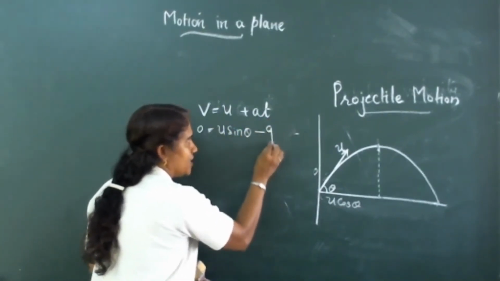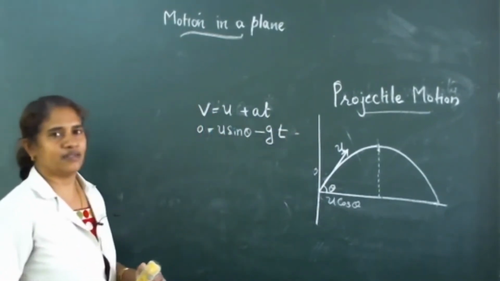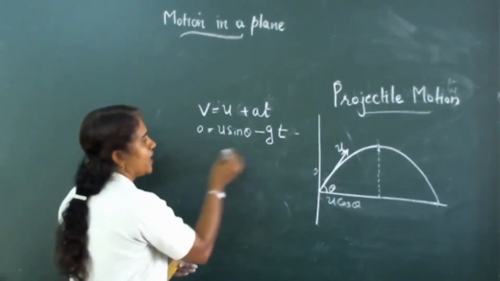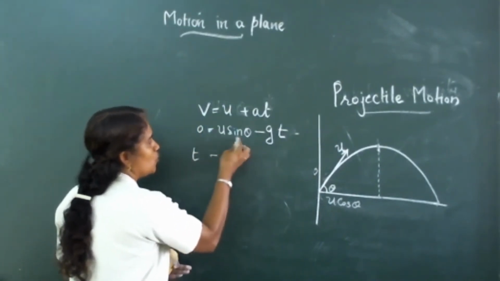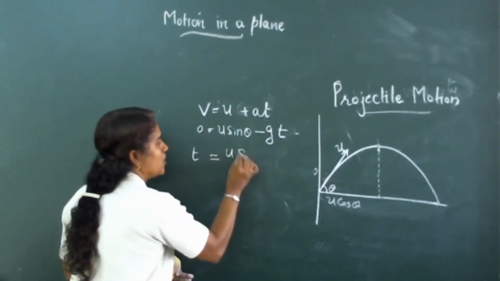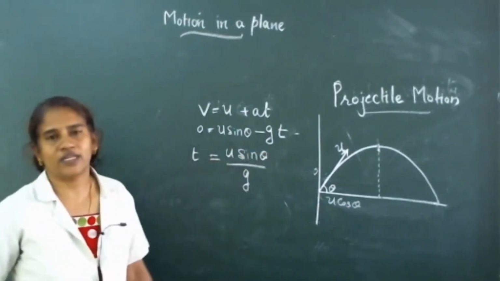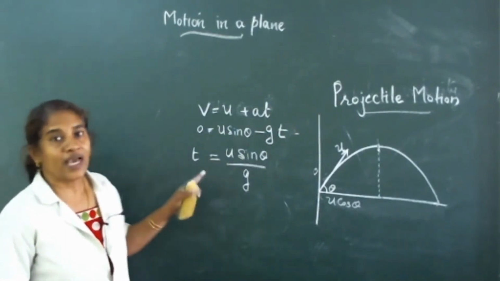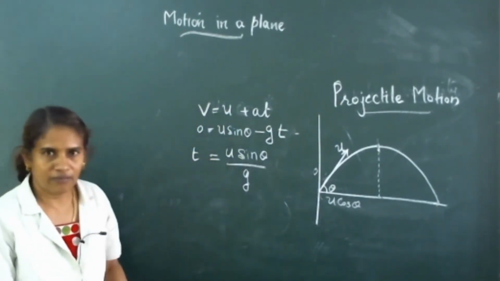Acceleration is negative g. Time is time of ascent. So we can write 0 is u sin theta minus g t, or t is equal to u sin theta by g, taking g to the denominator. So time of ascent is equal to u sin theta by g.